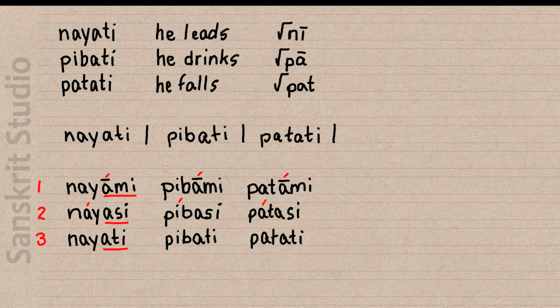The ah is a long vowel, but here is just a short one, so we have to have the stress on the ah here. Nayati, pibati, patati. Right. So I think that's pretty good.